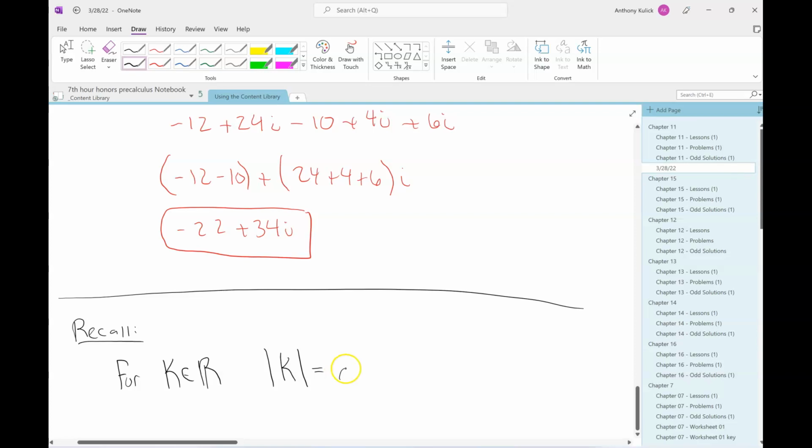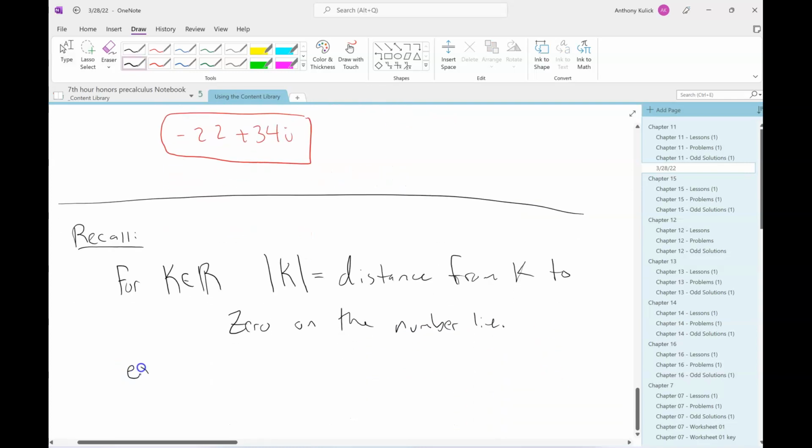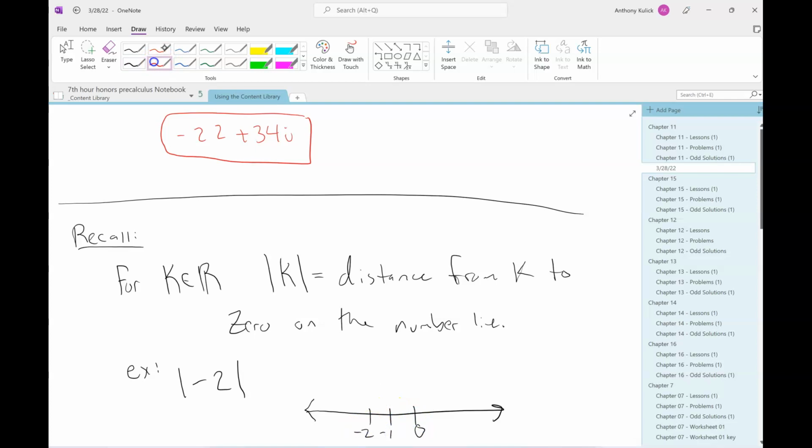Yeah, so it's the distance from k to 0 on the number line. So for example, if I had the absolute value of negative 2, so here's negative 2, 2 units away from 0.